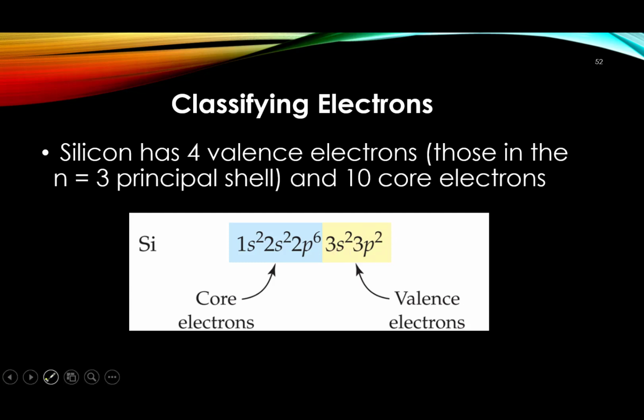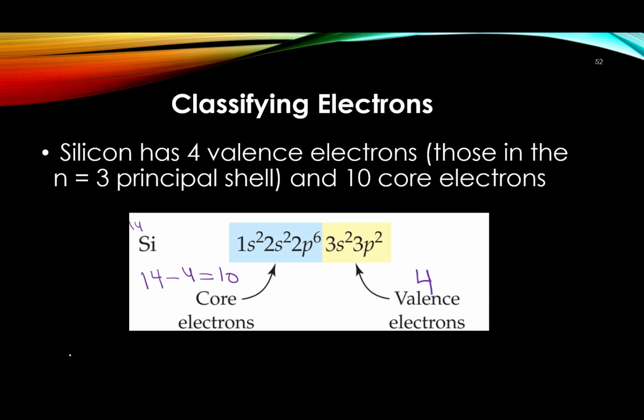Therefore, silicon has 4 valence electrons. And how many core electrons? Silicon in total has 14 electrons, right? 14 minus 4 is 10. That's the total number of core electrons that silicon has.